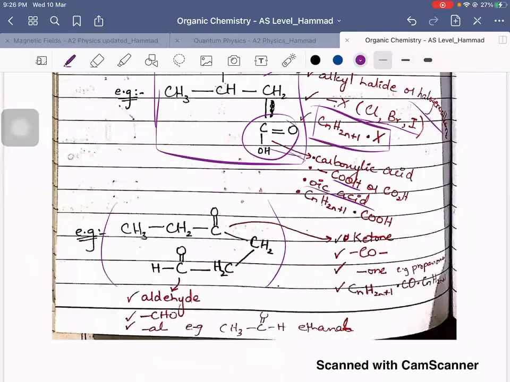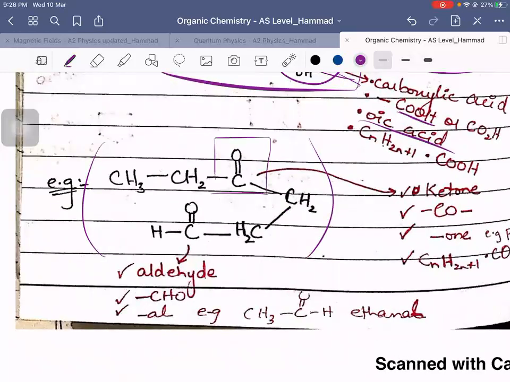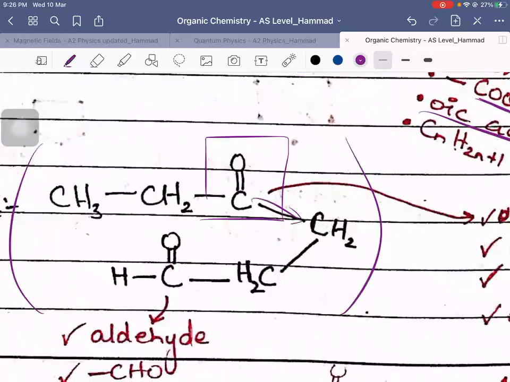For these, if you were to check C double bond O, see, there's a carbon group on the left-hand side and there's a carbon group on the right-hand side, right? And there is a carbon double bond in between the two groups. You could simply say R-C=O.